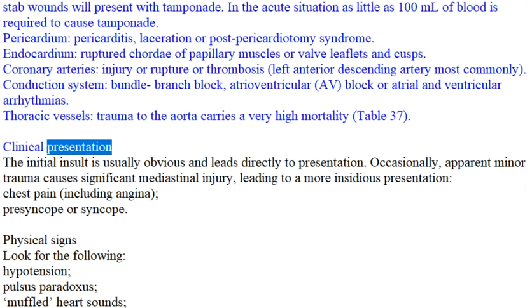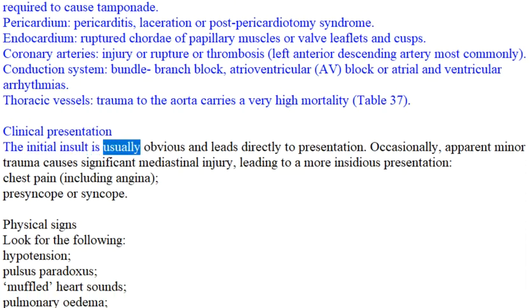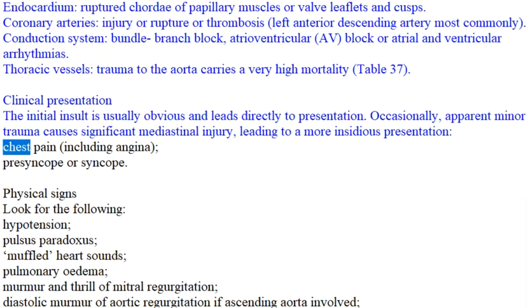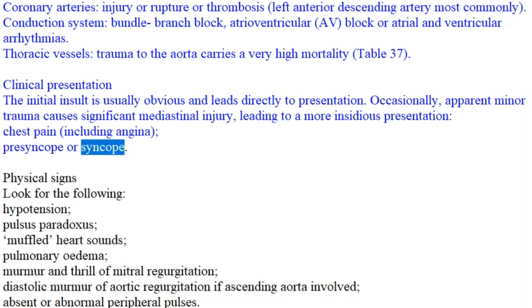Clinical presentation. The initial insult is usually obvious and leads directly to presentation. Occasionally, apparent minor trauma causes significant mediastinal injury, leading to a more insidious presentation. Chest pain, including angina. Presyncope or syncope.